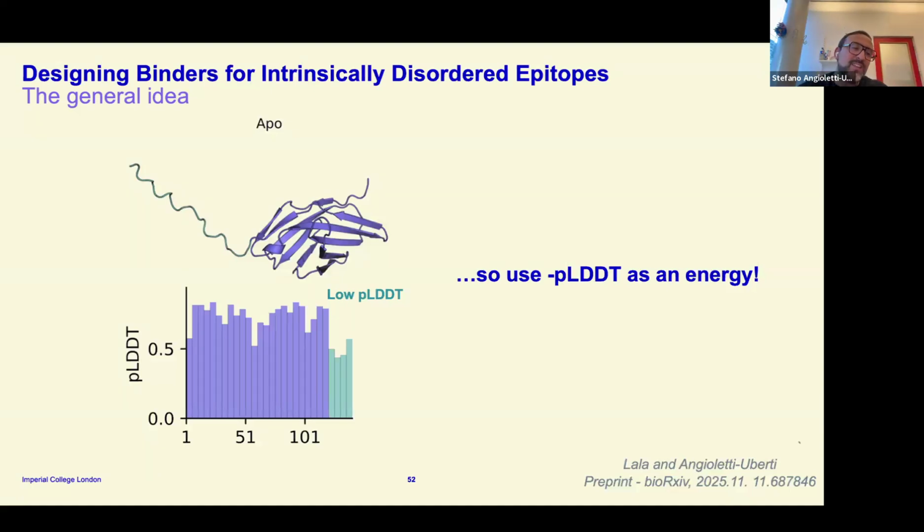However, if we can find a binder sequence that, put together with the sequence that we want to target, will actually increase the pLDDT, it means that the binder will co-fold with the region that is initially disordered.